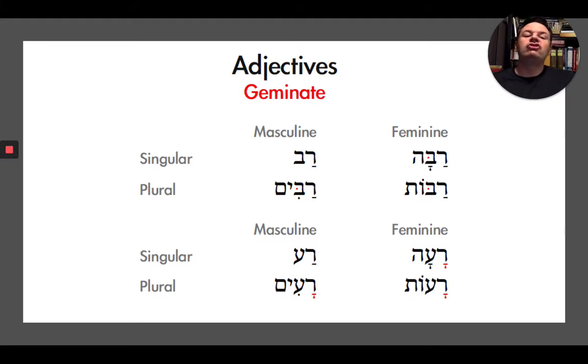So this shouldn't throw you off. You should still be able to recognize this. You'll recognize it in its place in the sentence, that it's an adjective. All that these slides are here to do is not to confuse you, not to upset you or anything like that, but they're there to show you that there can be some minor spelling differences with the adjectives, but nothing major is going to happen. Same thing if you've got a guttural in that position within a geminate, you're going to have compensatory lengthening or virtual doubling, like what we talked about previously.